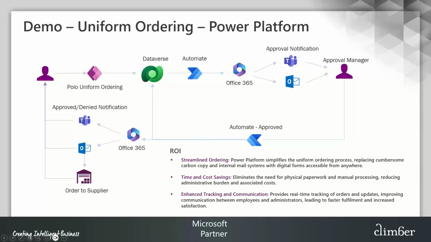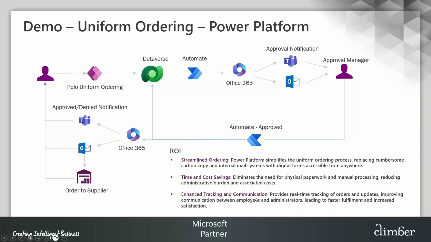So the uniform ordering, we've massively streamlined and automated the process. Instead of internal mail systems, we're using digital forms. Massive time and cost saving. The process can be pretty much instant if the approval manager sees it straight away, whereas before we were waiting for internal mails and phone calls.